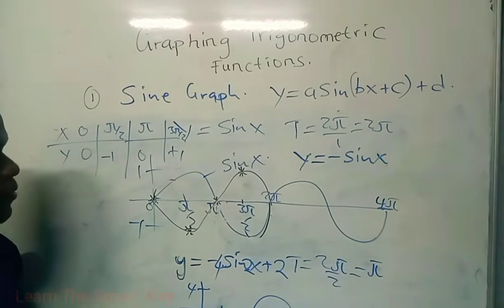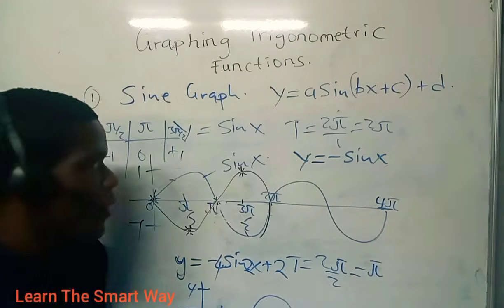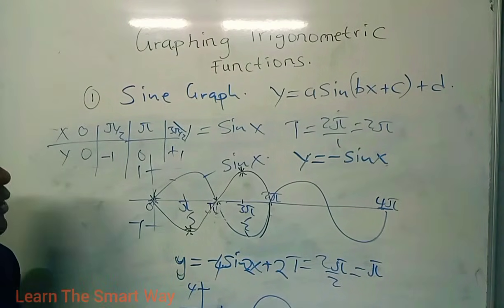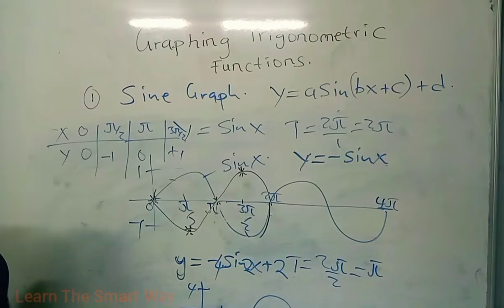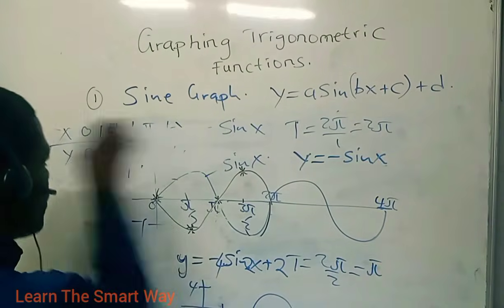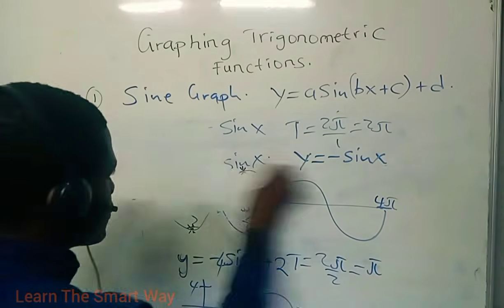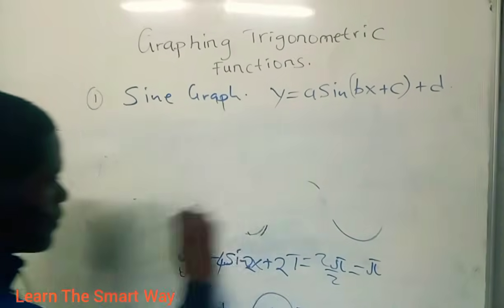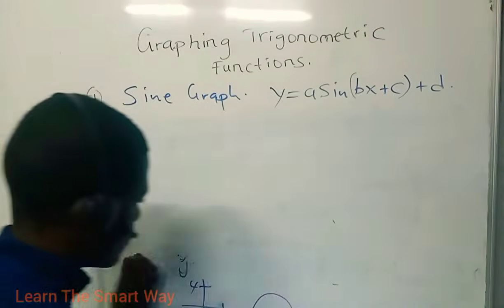So I just hope this video gave you an insight on how to go about sketching sine graph functions. The same concept applies to cosine functions, which of course are going to be covered in another video, just in case you want to cover them now before the video is shared.